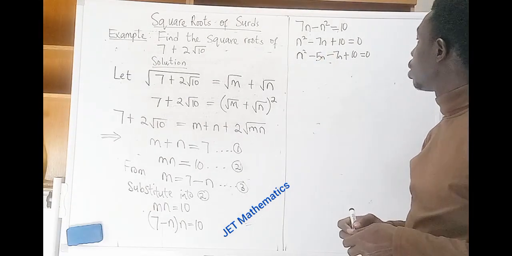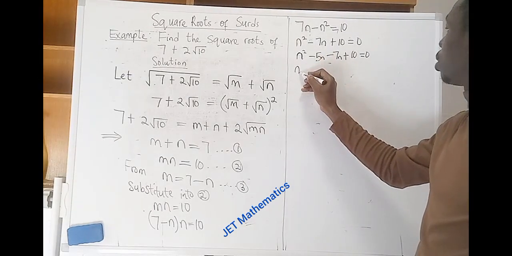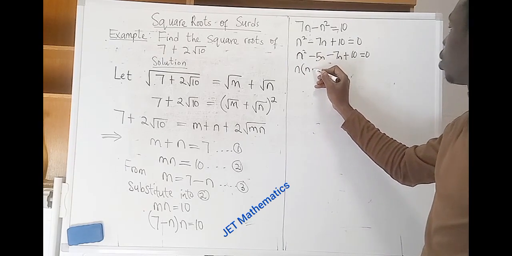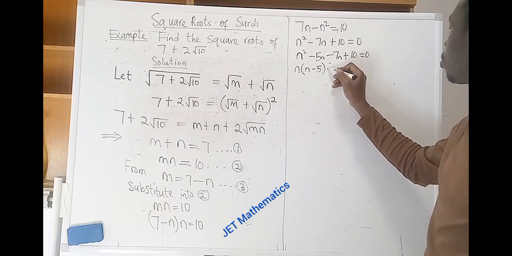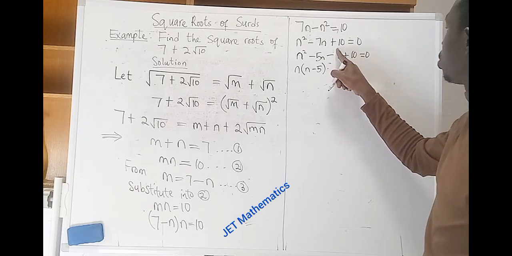Then we can group to have n, bracket n minus 5, and then minus 2, bracket n minus 5 equals 0. Yes, it has to be 2, forgive me.